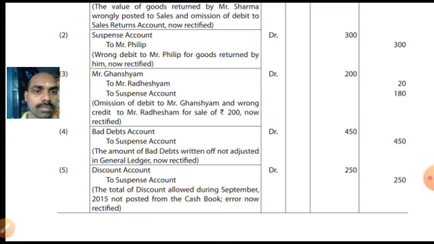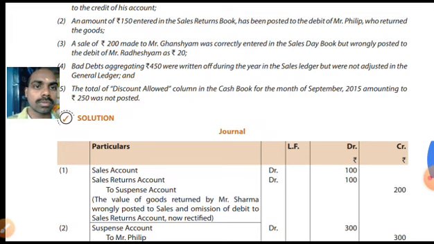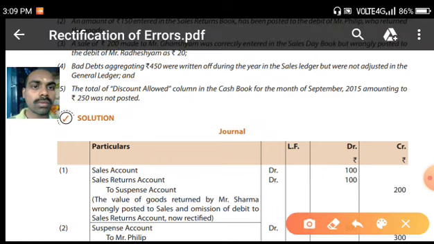Okay, next. Total discount allowed column in cash book for the month of September amounting to 250 was not posted. What they are saying is the discount allowed column of the cash book, amounting to 250, was not posted.